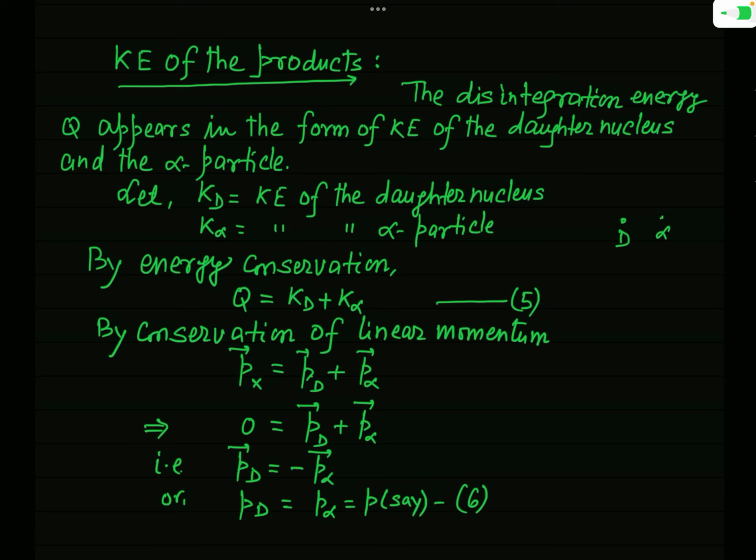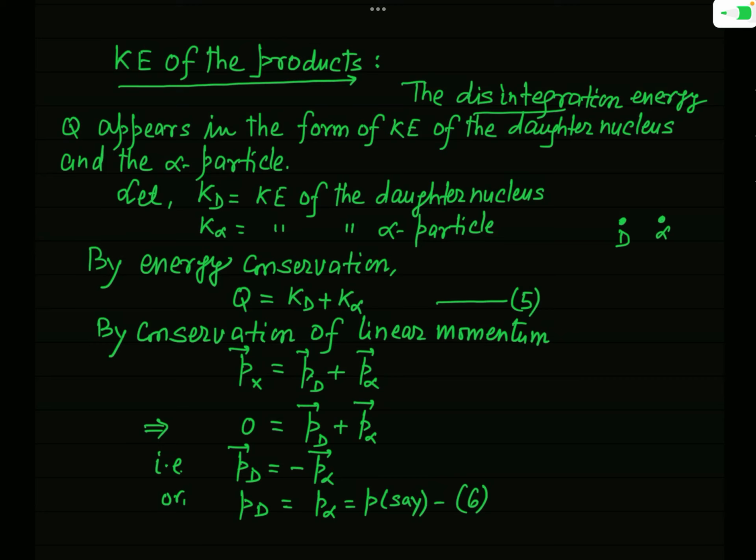So the Q value of this process, which is also known as disintegration energy, appears in the form of the kinetic energy of the daughter nucleus and the alpha particle. It means Q will be divided in two parts. A part of this released energy Q is shared by the daughter nucleus in the form of kinetic energy. The remaining part is shared by the alpha particle in the form of kinetic energy.